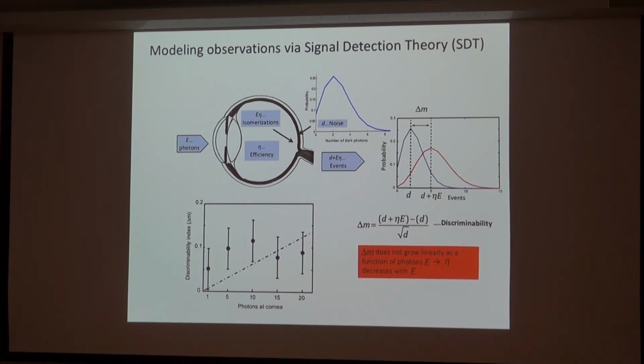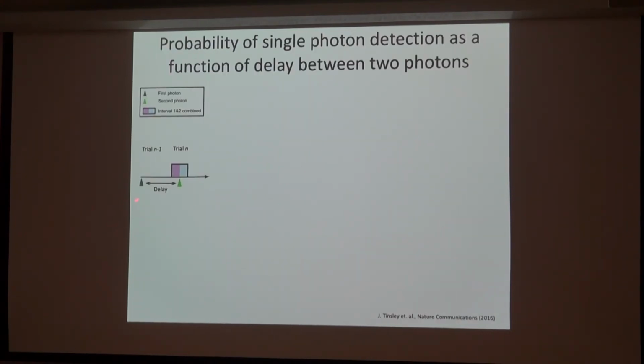We saw a transient change in the probability of the correct response that peaked around 3 or 4 seconds, and then went down to the baseline again for longer delays. This suggested that there is a transient enhancement of the detection probability upon previous absorption of a photon.